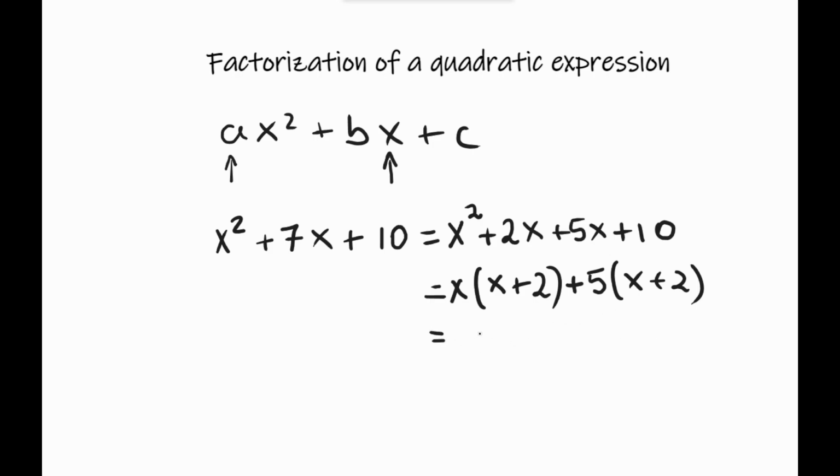Finally, we have the common factor, the brackets containing x plus 2, times x plus 5. And our expression is factorized into a product of two sums.